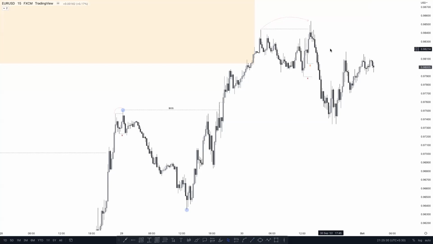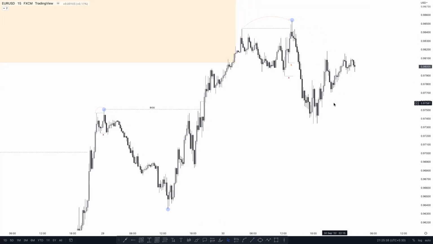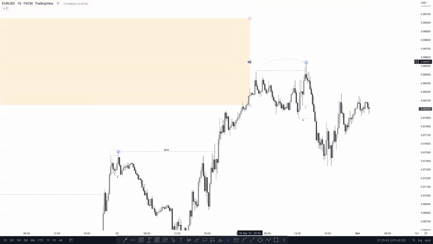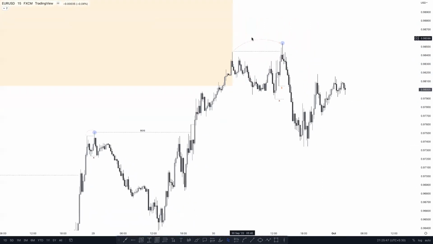Market took out both inducements and now we have a range between this low to this high, right? And now we can see some buying momentum to the upside because market already tapped on the SMT and market made a first pullback to the downside and then we can see continued move upside. I think this is an order block type here.